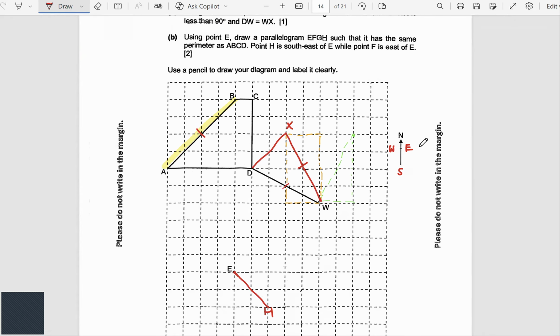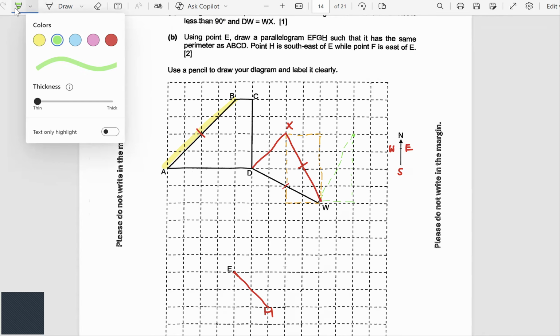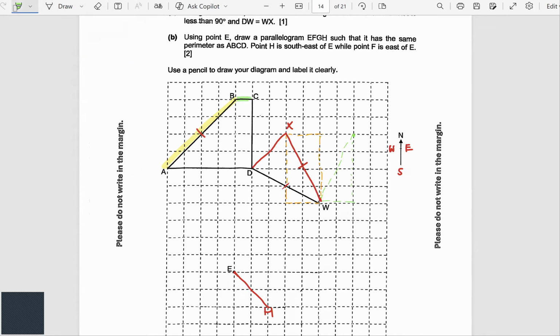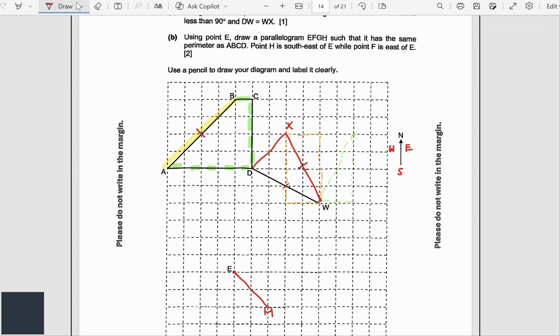Now F is east of E. So east, to the right. For the straight lines, we have 1, 2, 3, 4, 5, 6, 7, 8, 9, 10. 10. So 10 divided by 2 is 5. So 1, 2, 3, 4, 5. Okay, 5 here. 1, 2, 3, 4, 5. 5 here.